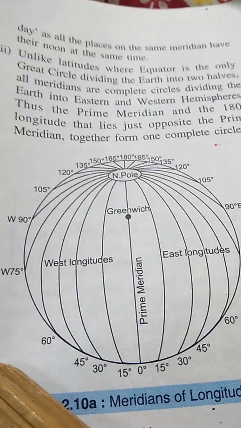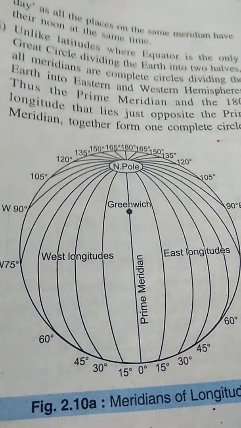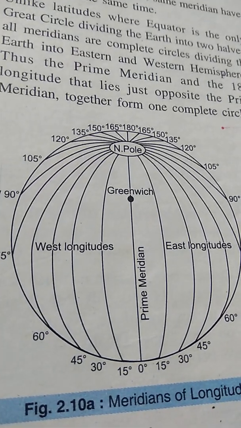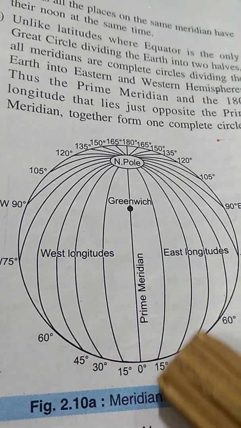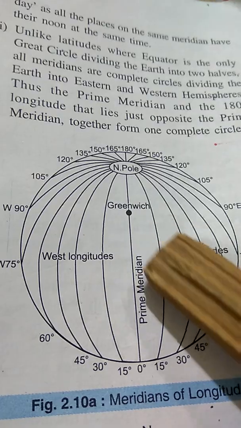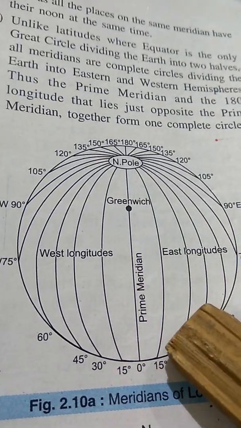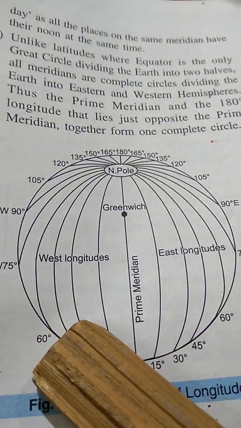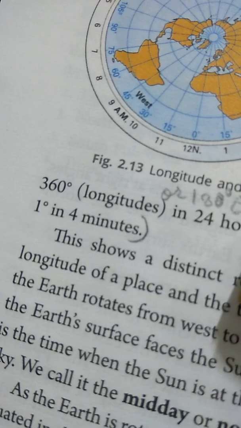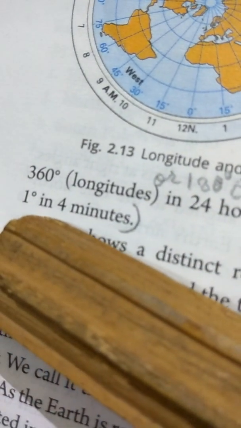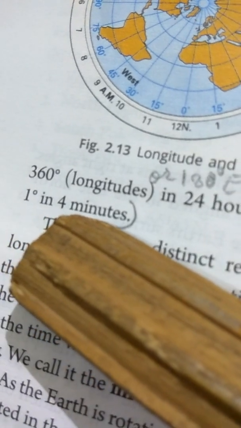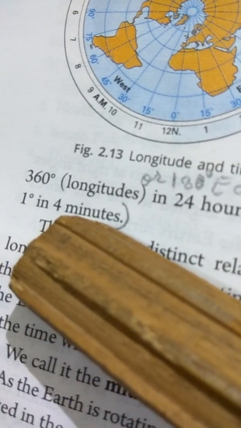If we divide 360 by 24, 15 will come. The 15 degree is the difference between these longitude lines. That is further divided, and it will give us, as given here, 1 degree. It means for 1 degree the sun gives us 4 minutes.